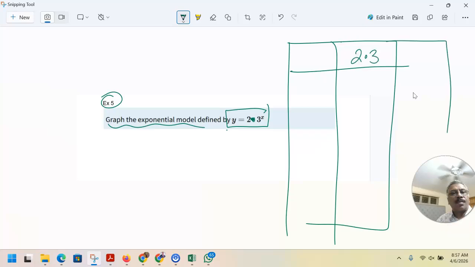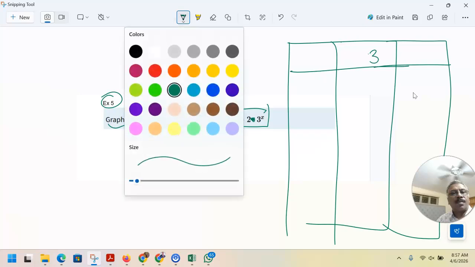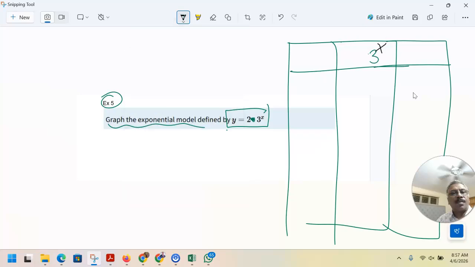Before that, I'll add another column just to show. Let's do x, and the next one will be 3 raised to x, and the next one is 2 times 3 raised to x. So this is x, and this is not y. The first part is only this, but this is y, the output.